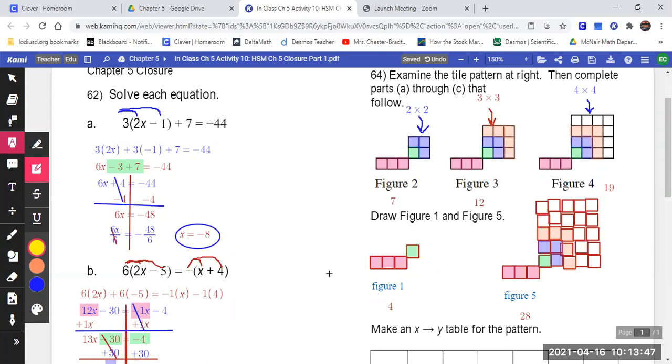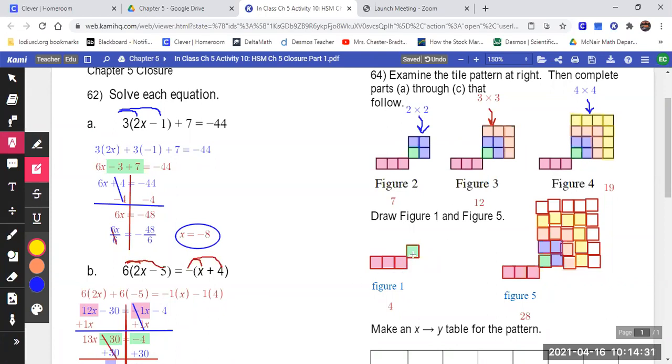So figure 1 added in 1 box, the green. Figure 2 added in 3 boxes. Figure 3 added in 5 boxes. How many did figure 4 add in? How many are we highlighting for figure 4? So figure 0 was the 3.